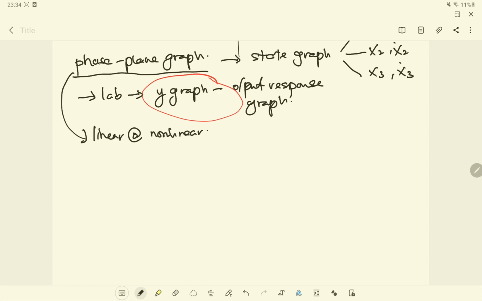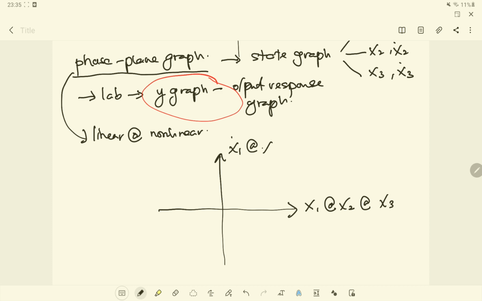For the graph, we have two axes. For the x axis we use x1 or x2 or x3, while for the y axis we use x1 dot or x2 dot or x3 dot.